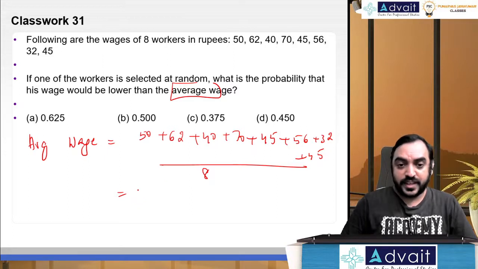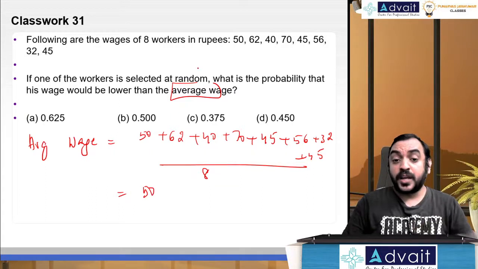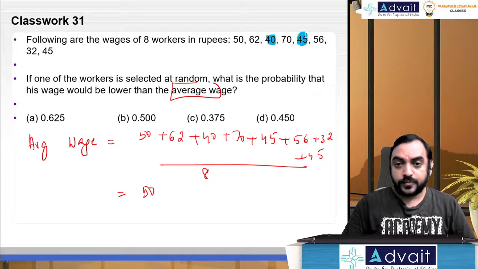I think you get 50 as the amount. 50 is the average. And you want to know how many people are below average, below 50. So you get 40, 45, 32, 45.